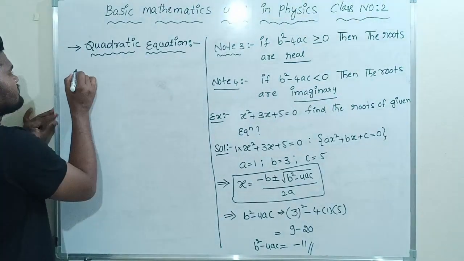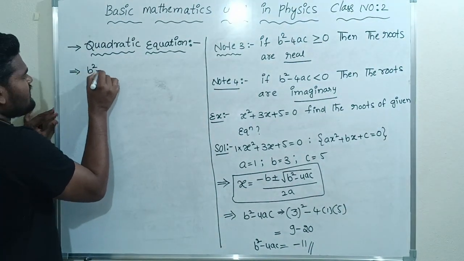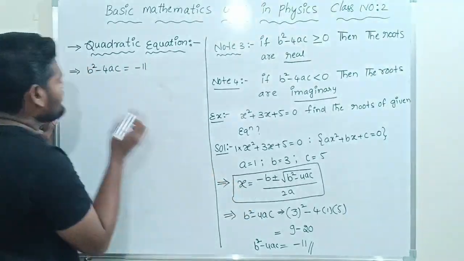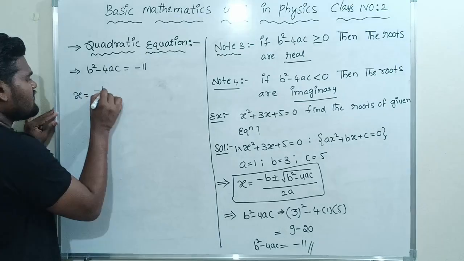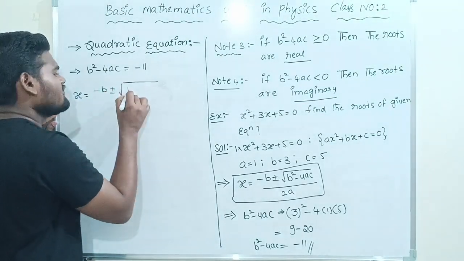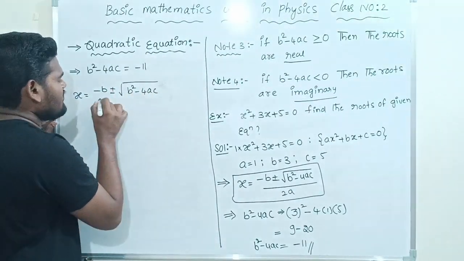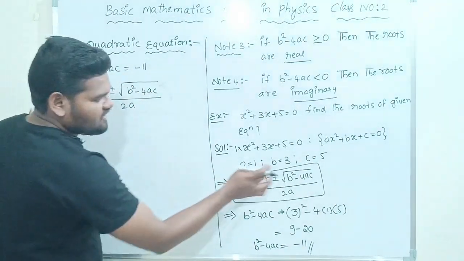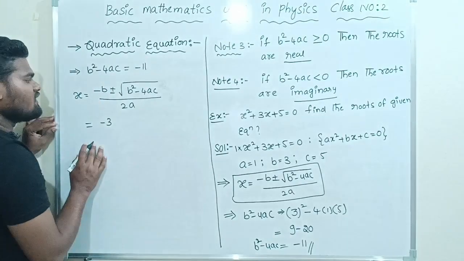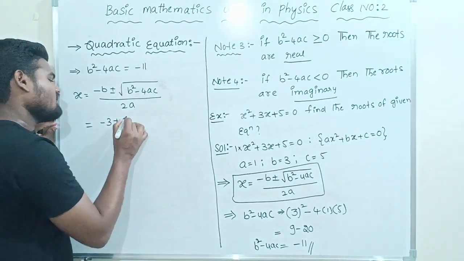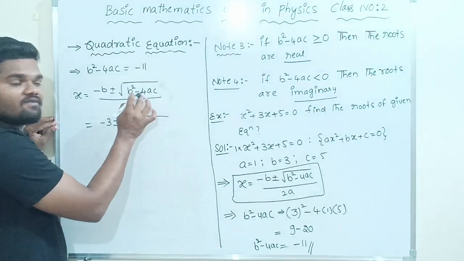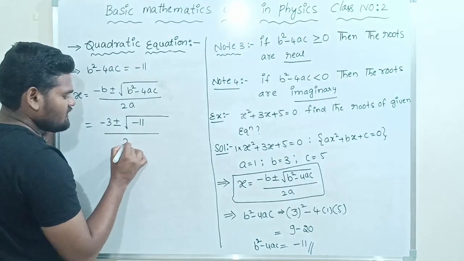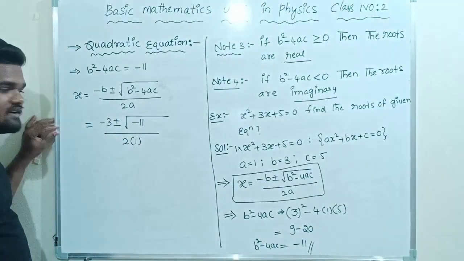Right. So we got b square minus 4ac is equal to minus 11. So we have x. X is equal to minus b plus or minus under root of b square minus 4ac by 2a, which is equal to minus 3, where 3 is the value of b, plus or minus under root of b square minus 4ac, which we got as minus 11, divided by 2 into a, where a is 1.